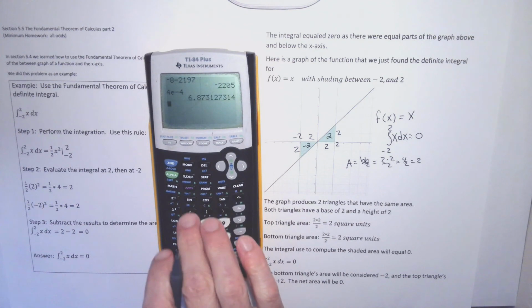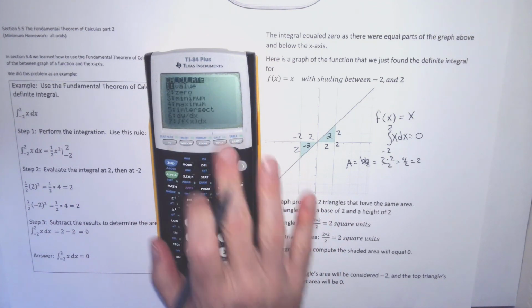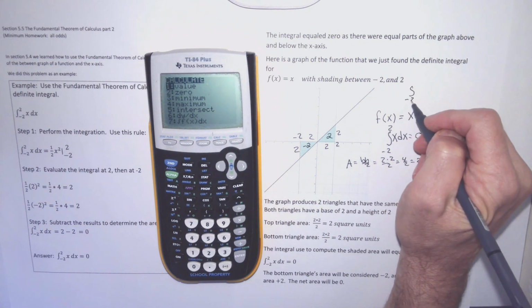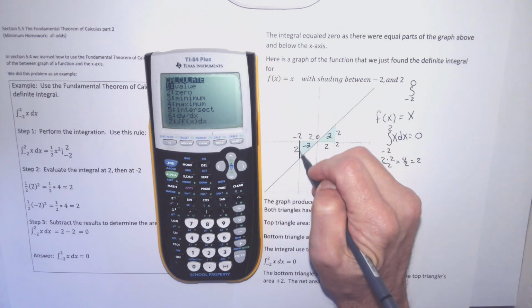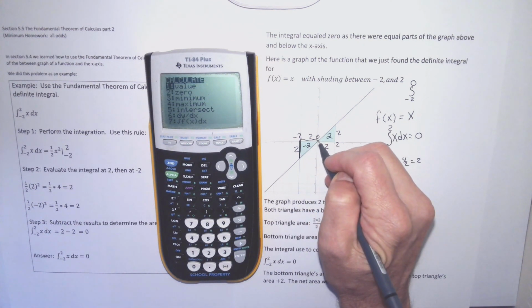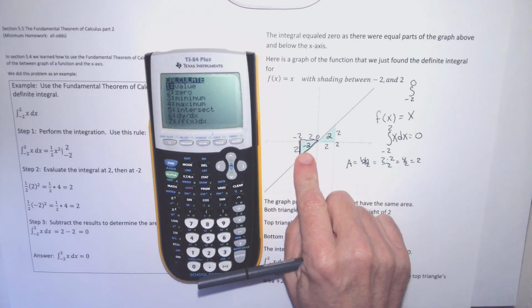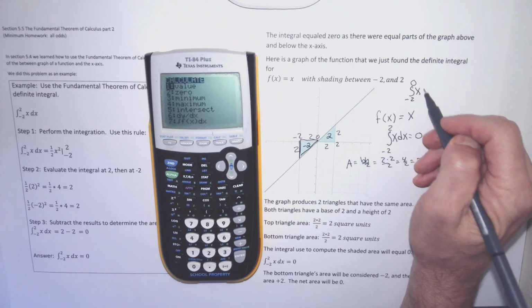Let me show you that the best I can. If I just calculate the integral between -2 and 0, that's just going to calculate the integral for this lower triangle, and it's going to give me the number -2. It gives me the area of the triangle, but because it's beneath the x-axis, it nets the area out to be negative.